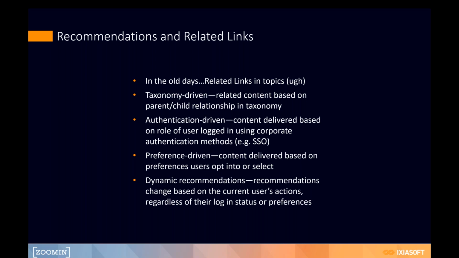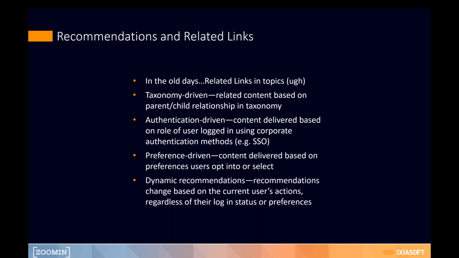The second method would be authentication driven. In essence, this is surfacing links that would be appropriate or related to this topic based on the role of the user logged in or any other data you have based on login. So if you know that this particular user is on a certain version, then you only pull up related links about that version.